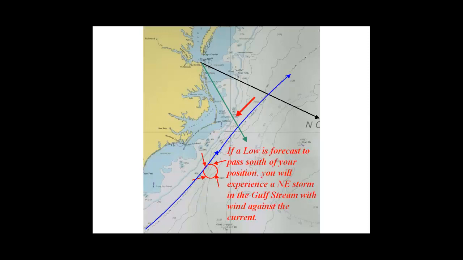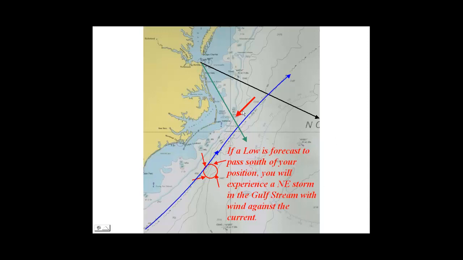Now let's look at another issue, sailing in this area. If I'm doing exactly this, sailing in this direction, and I have a low develop at this point or proceed to this point, I'm going to be getting northeast winds from this low. I'm only showing the low here, but remember it's a big set of circles around here.